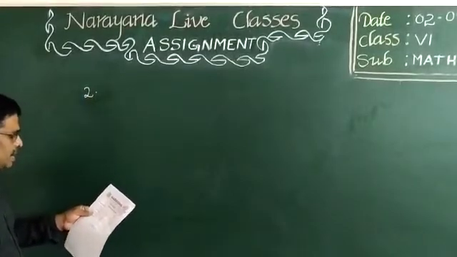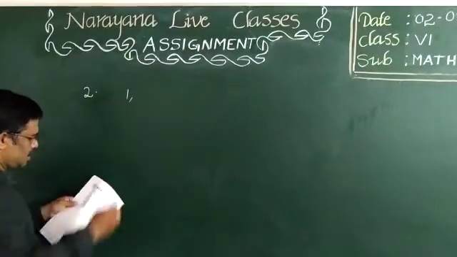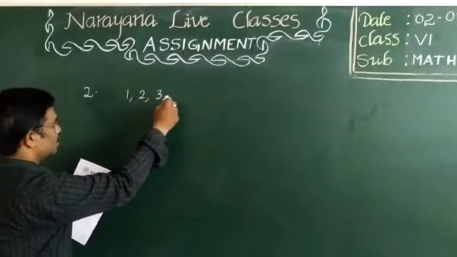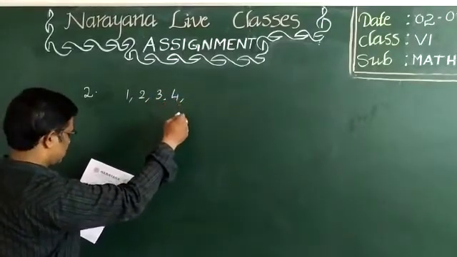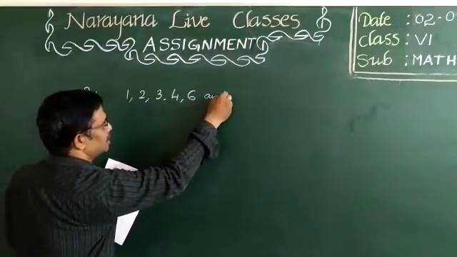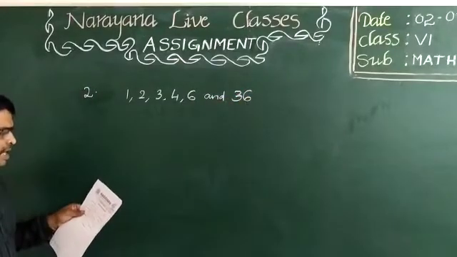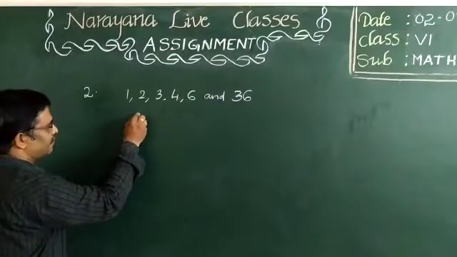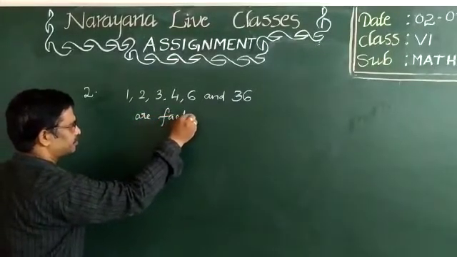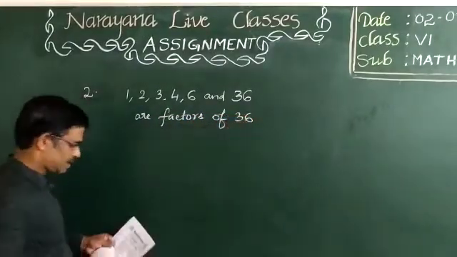Second question. Verify whether the given numbers 1, 2, 3, 4, 6 and 36 are all factors of 36 or not.